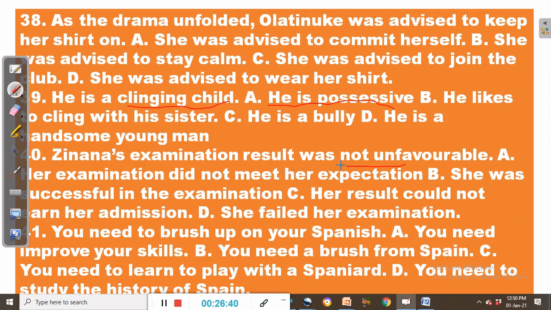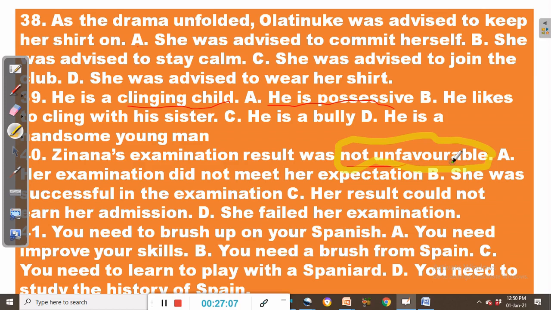Zinana's examination result was not unfavorable. If something was not unfavorable, then it means that it was favorable. So let's try to figure out what this is all about. If something was not unfavorable, then it was favorable.